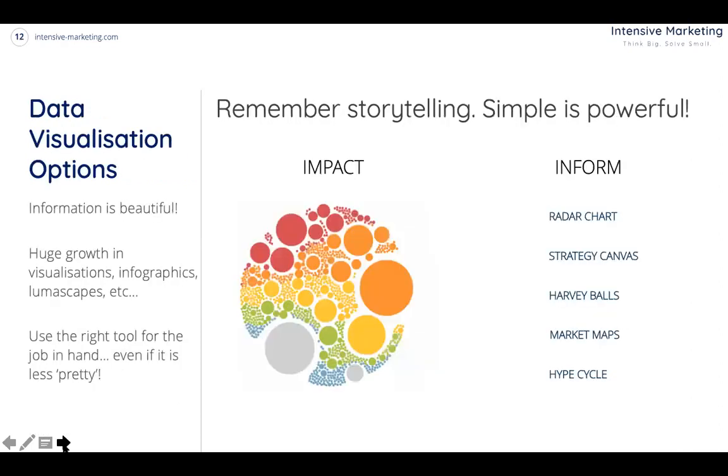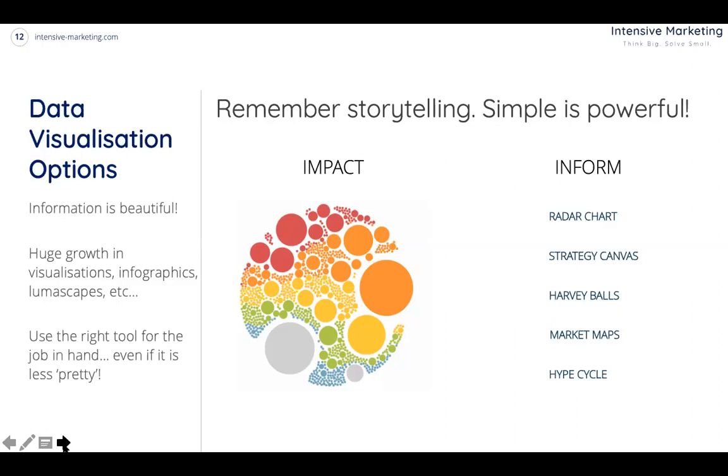So just to finish off, there's a ton of data visualization options out there. Information is Beautiful. In fact, go look at that book, go look at that website. It's amazing. And you get phenomenal impacts like you can see there on the left-hand side. But remember, with your audience, you need to be informing them, not just wowing them. So it may look pretty, but they've got to get something from it.